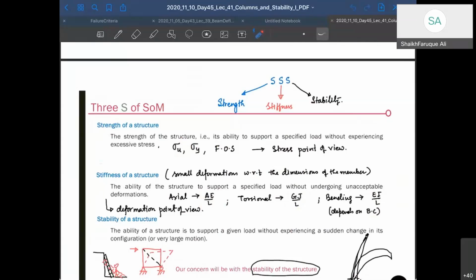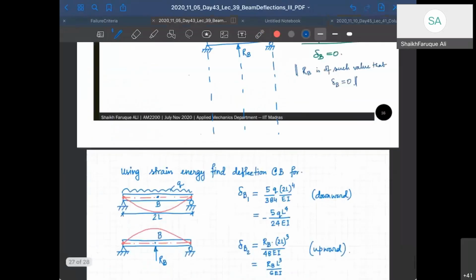For example, for a beam with a point load, we learned that deflection is equal to PL cube by 3EI, right? That's what we learned.